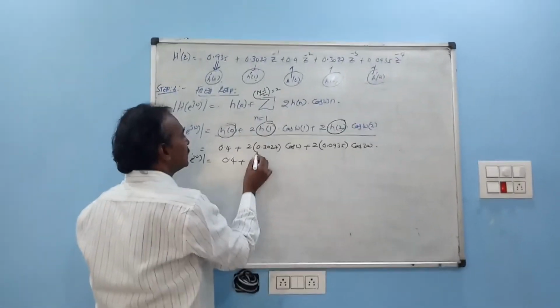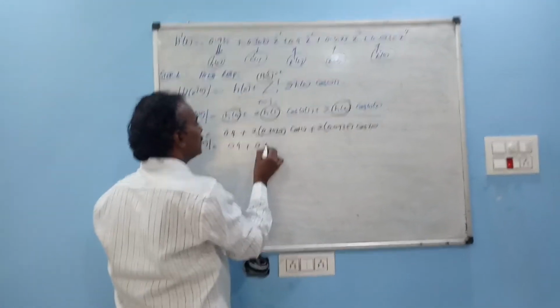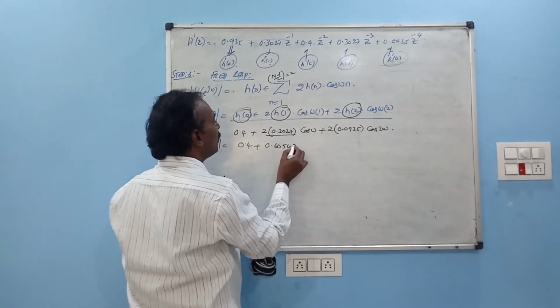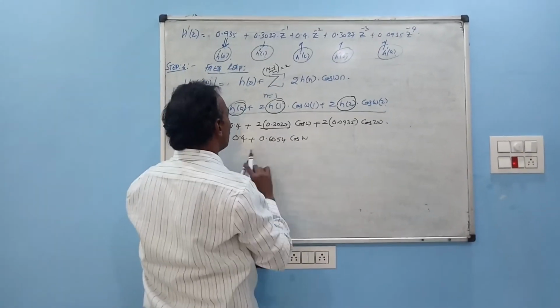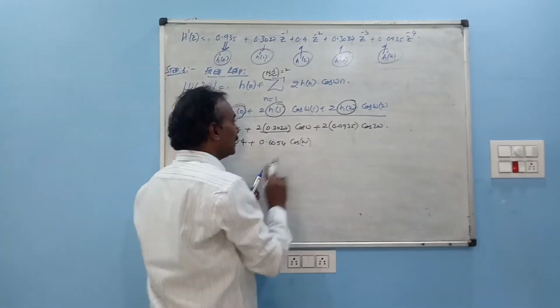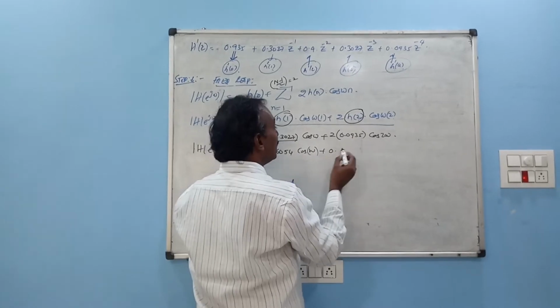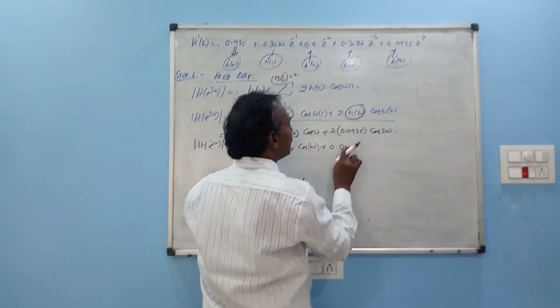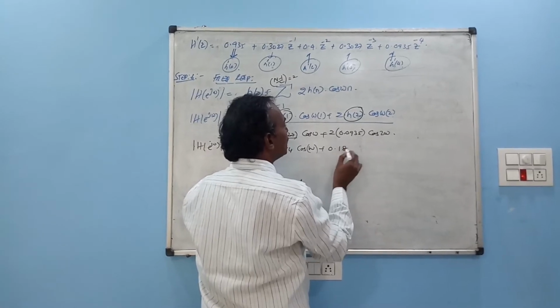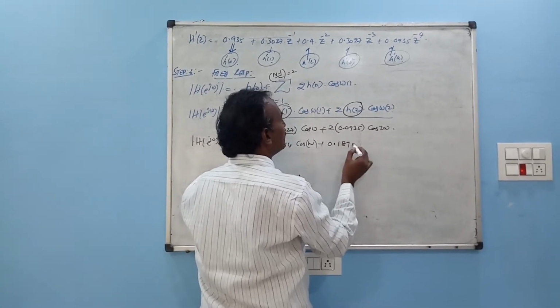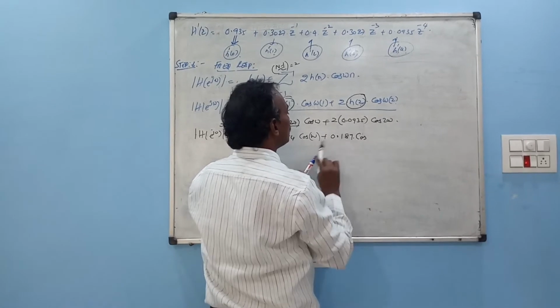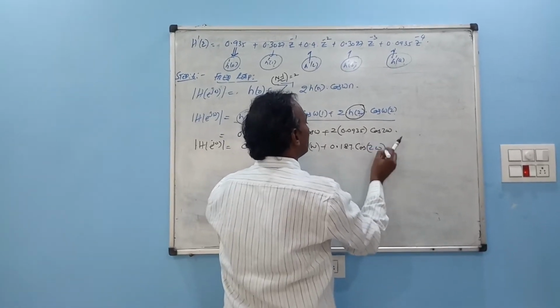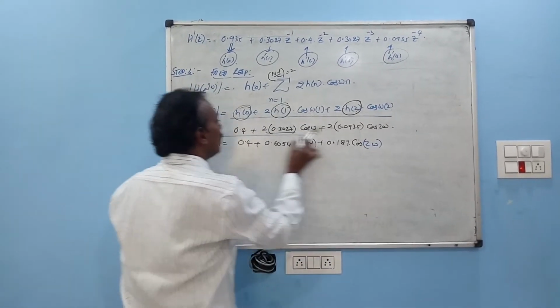If I multiply, this is 0.6054 into cos omega, and now this is 0.187 into cos 2 omega.